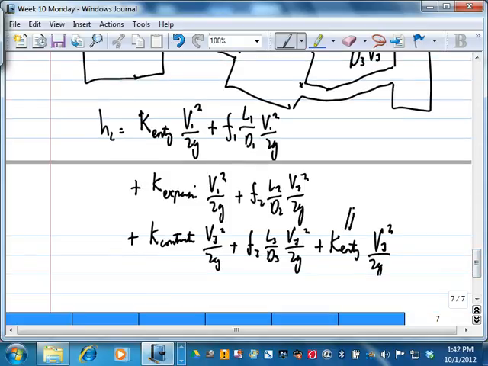This one is normally 1. Sometimes they don't tell you, so you need to know that it's 1. So that is the minor losses for that part: entry, first pipe, expansion, second pipe, contraction, third pipe, and then exit. So that is for pipe in series.